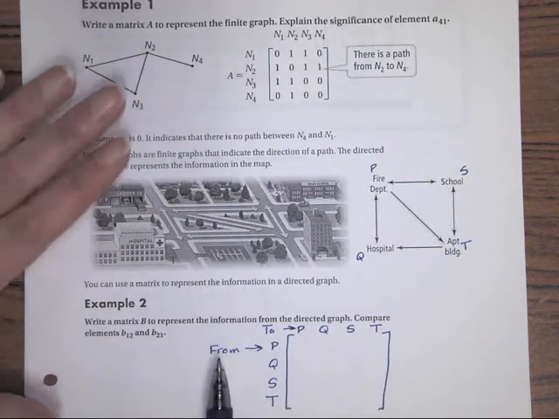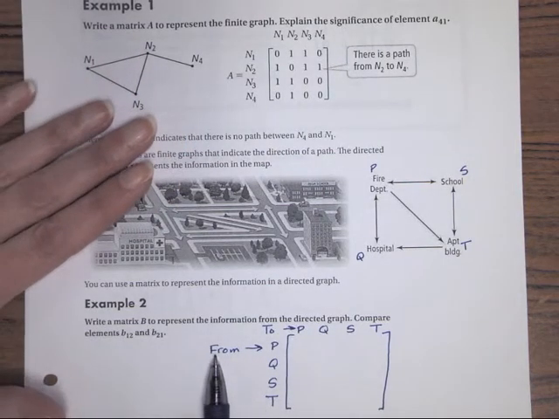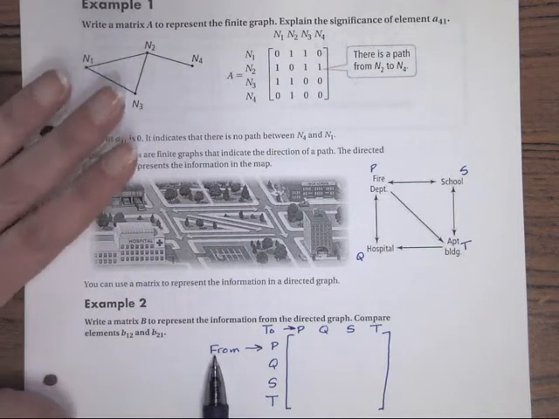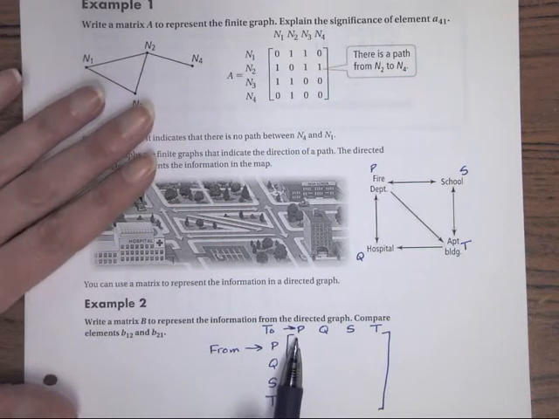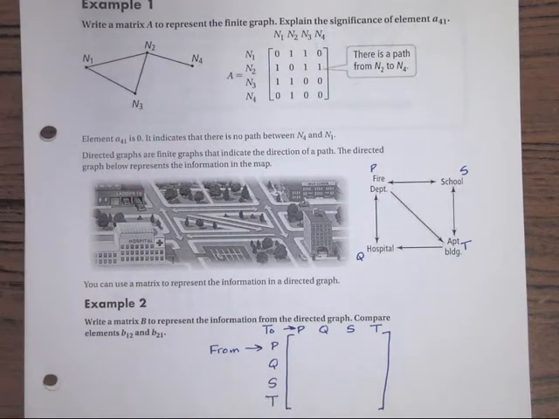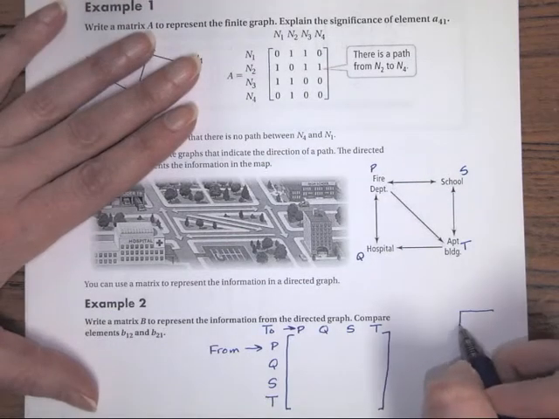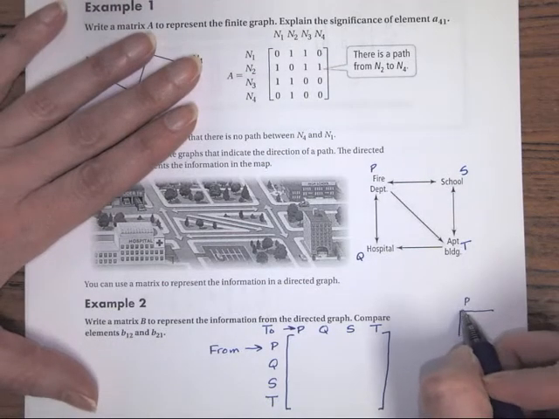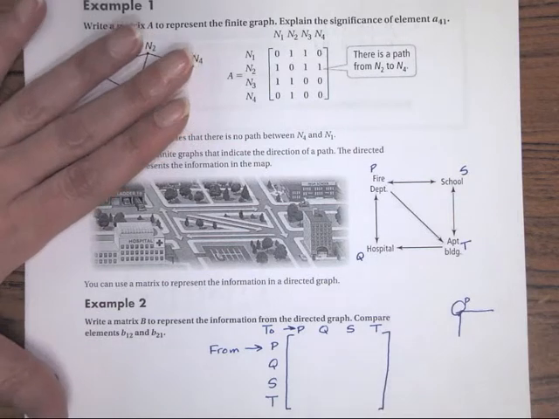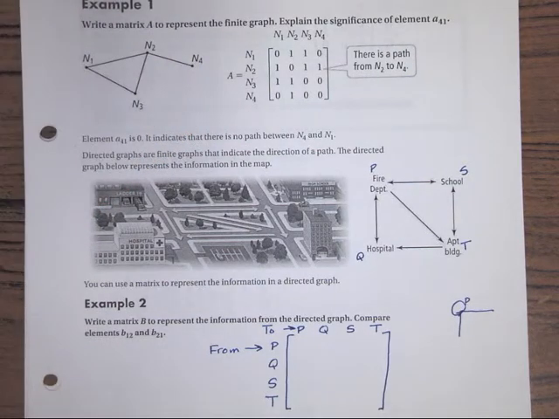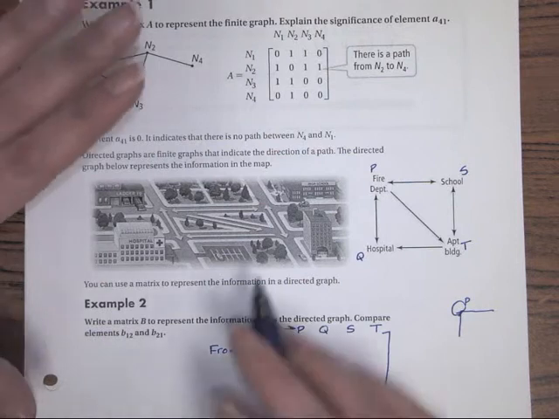So, for example, is there a route from P to P? If you wanted a route from P to P, it would look like this. It's a loop right around back onto itself. We don't have any of those.